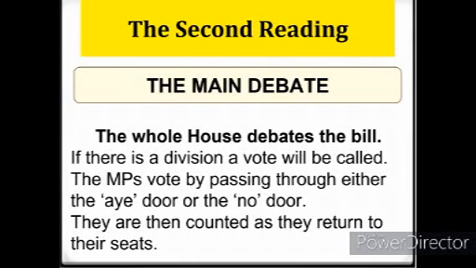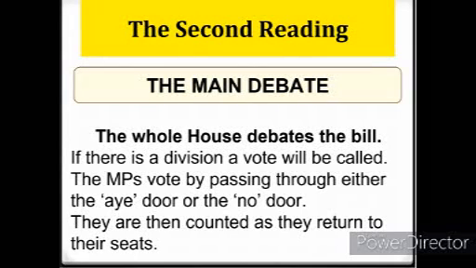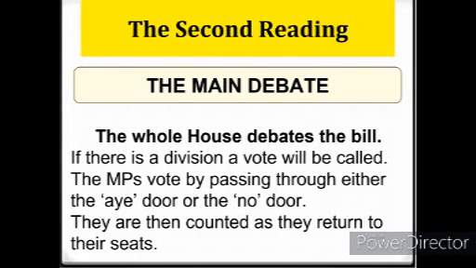The second reading is the main debate, and that's the interesting one to look at when you see it on television. So the main debate, or the second reading, is when the whole House debates the bill. And after this, there will be a vote, and MPs do this vote actually physically, so it's not a secret ballot or anything like this.